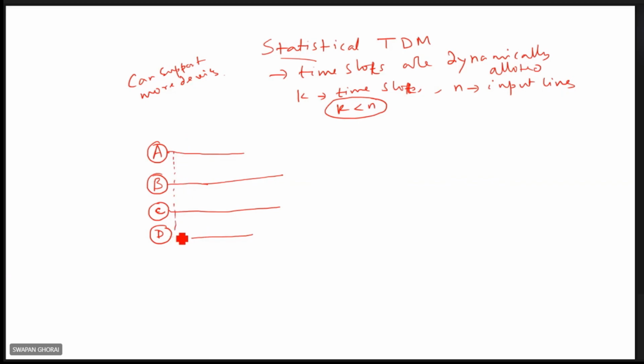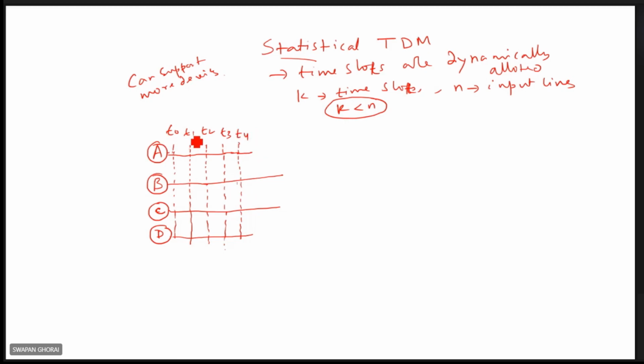Say this is T0, next it is T1, next it is T2, this is T3, and there is T4.